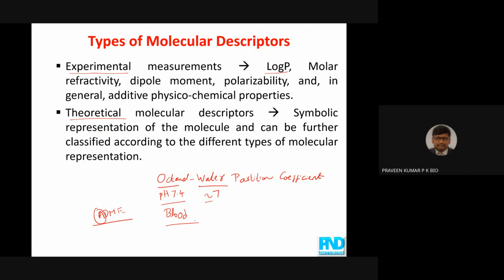So if the absorption is happening in the blood, the pH of blood is 7.4. And you know that much of the component present in blood is nothing but water. We know more than 70% of our body comprises water molecules. Similarly, even in blood. So in blood, we have the lipophilic kind of region that comes under pH 7.4.